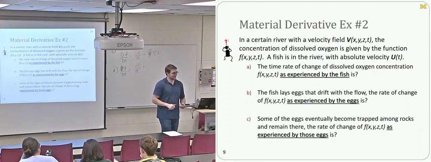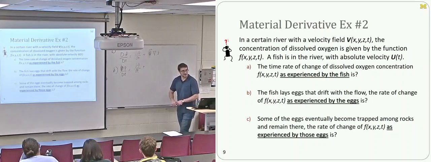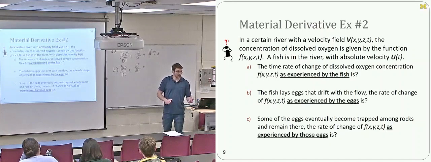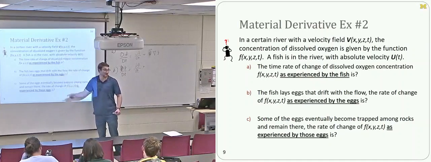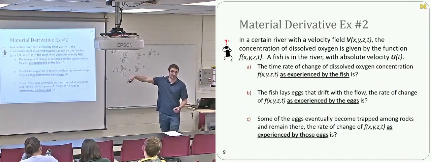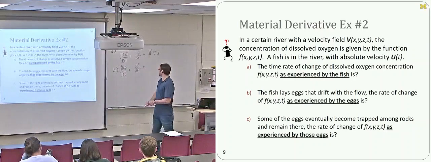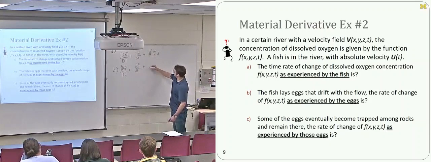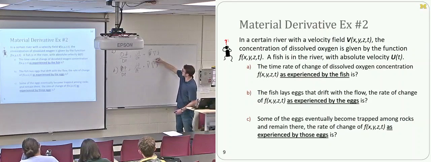So what's their velocity? It's going to be the same as the water, exactly. So instead of a velocity of u, it's going to have a velocity of v. So it's being convected through this field of f with some velocity v, which is the river velocity. So now instead of u, we just have v.